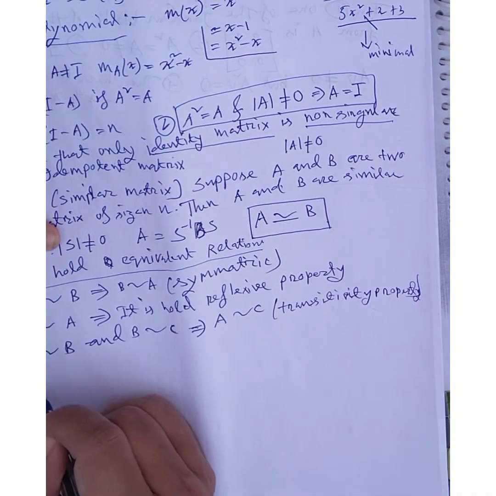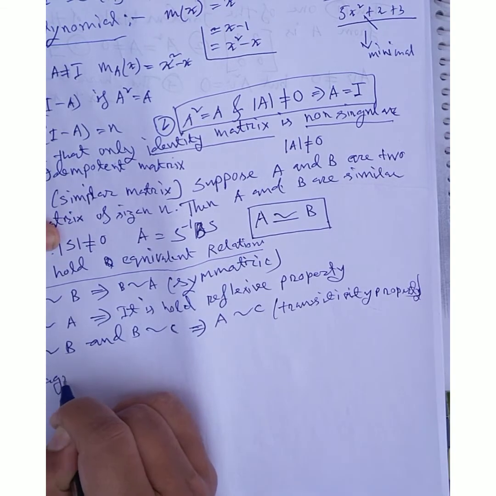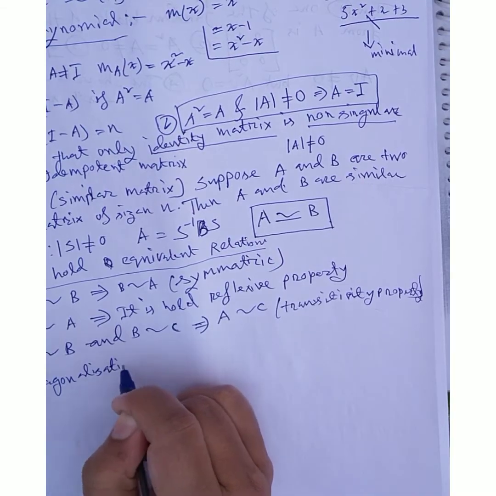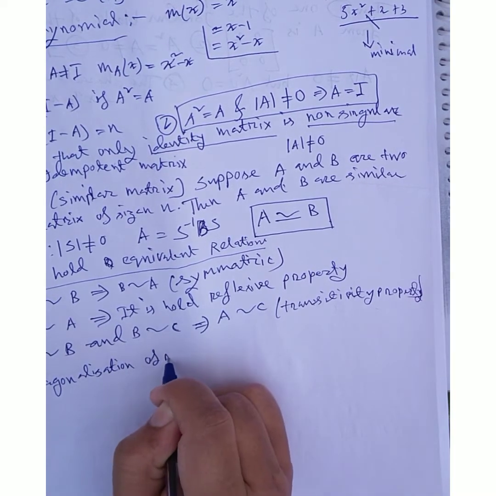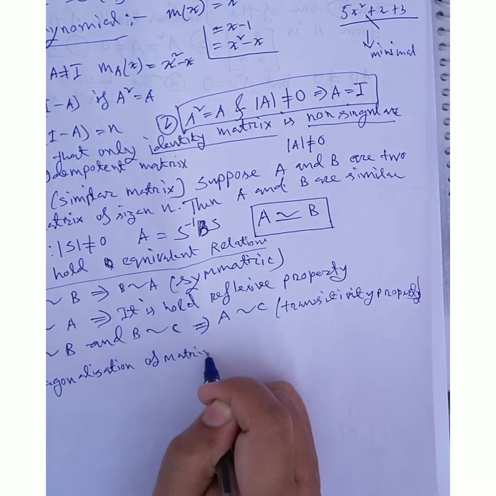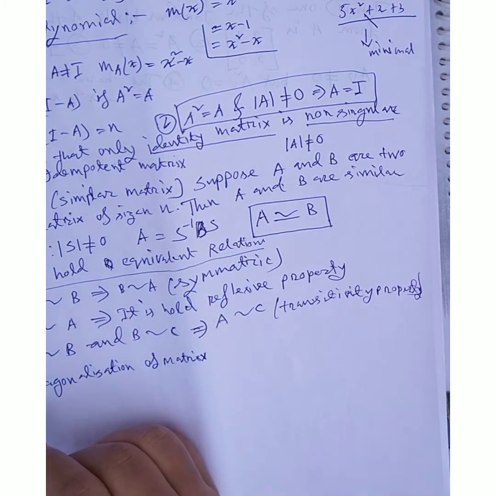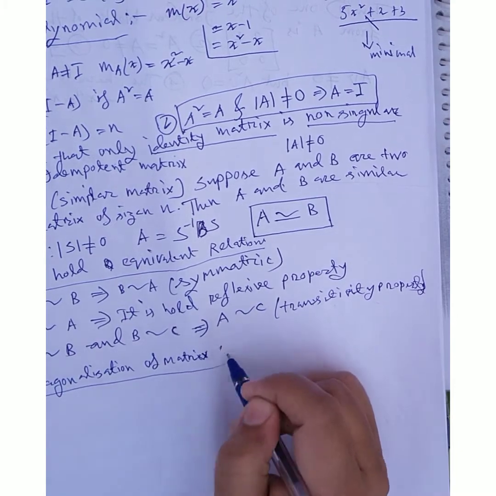Diagonalization of matrix. Very simple, friends. When you get diagonalization, it means diagonal form.